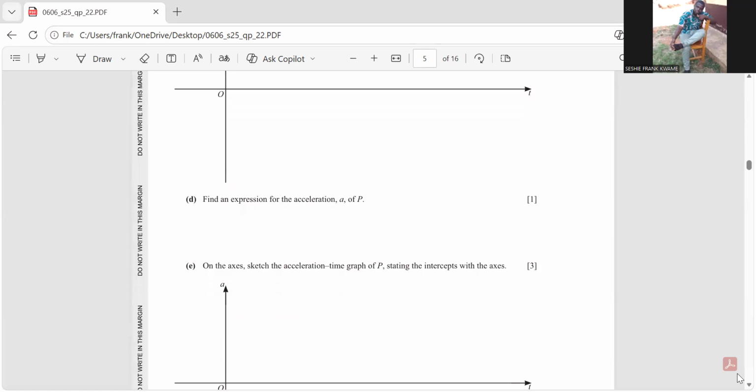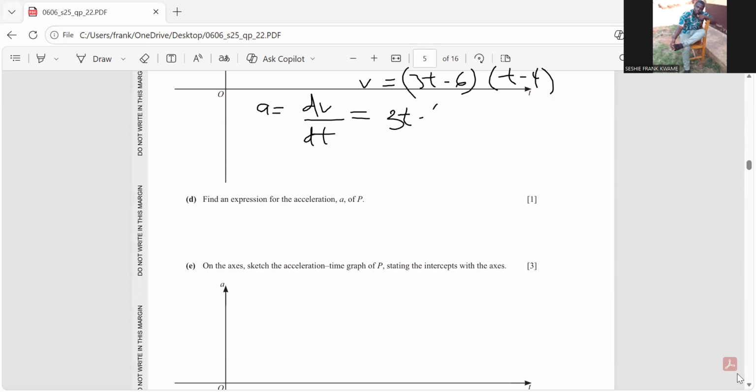So that's differentiating the velocity with respect to time. That's acceleration, so acceleration is dv/dt. If I have v as (3t minus 6)(t minus 4), I keep one and differentiate the other. I keep 3t minus 6 and differentiate t minus 4, I have 1.